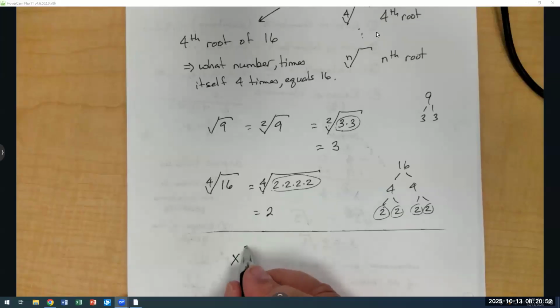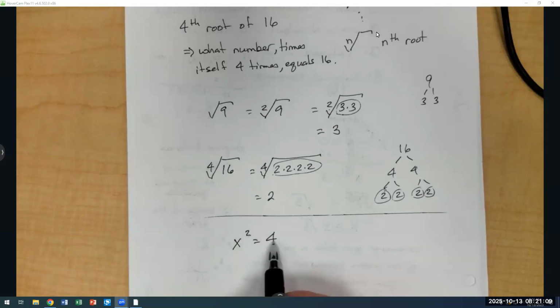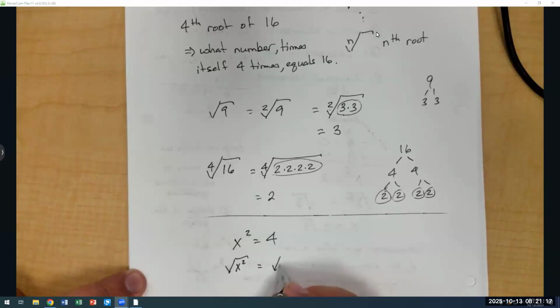Now, when I asked you, originally I was going to put this. I asked you to work it out, not by plugging and playing, but by working it out. What I'm looking for is what 2 numbers multiply together to give me 4. The way I do that is I take the square root of both sides.